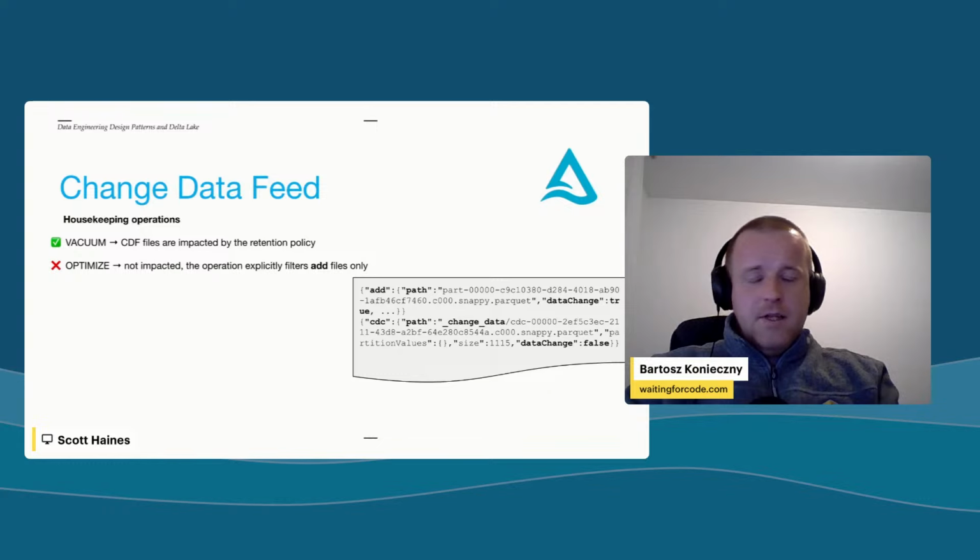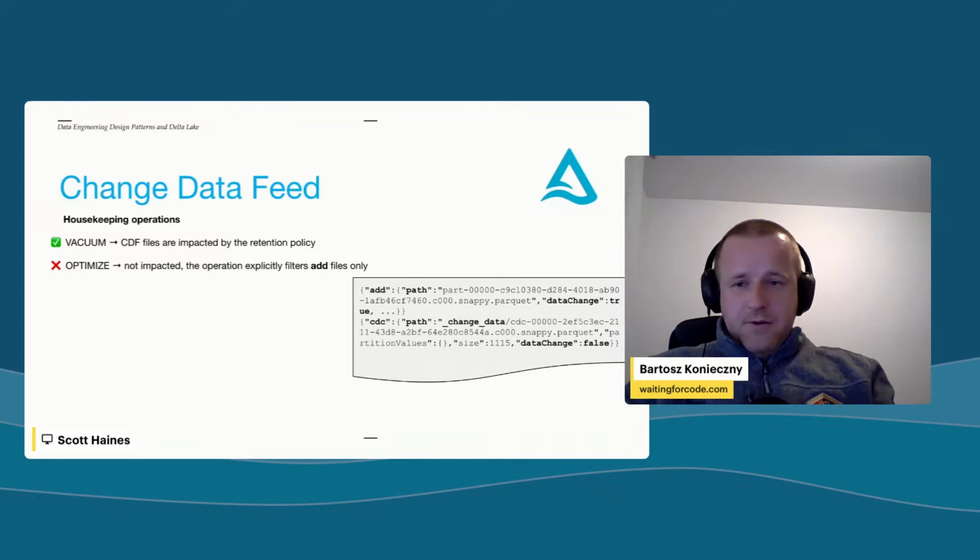But on the other hand, they will not be impacted by Optimize, because Optimize explicitly filters out all files different than the additions, so different than these highlighted add files in the commit log.